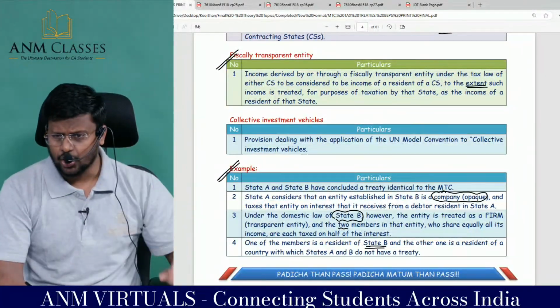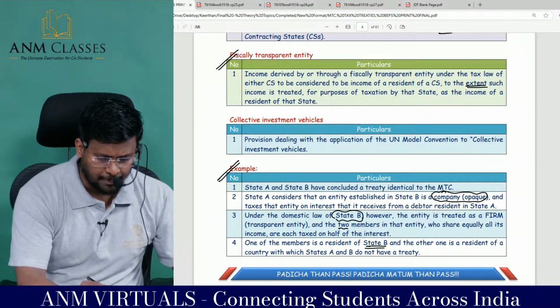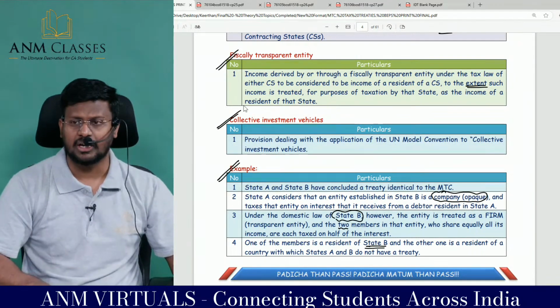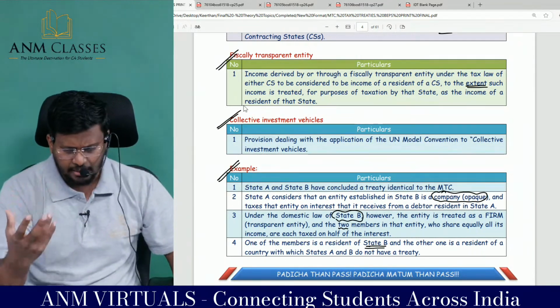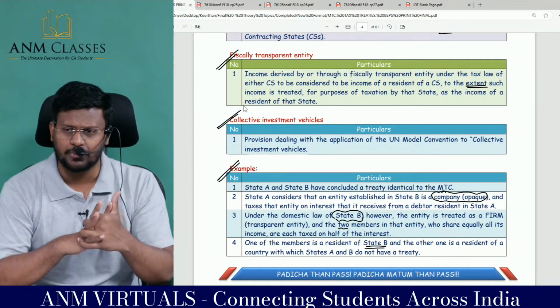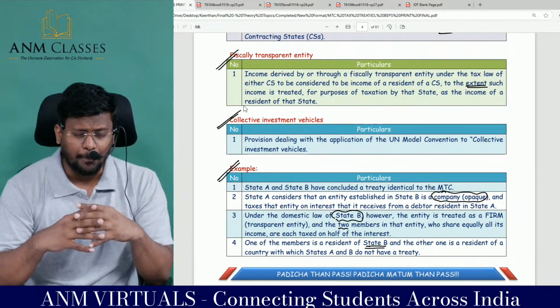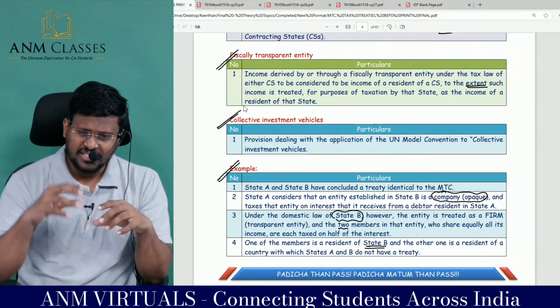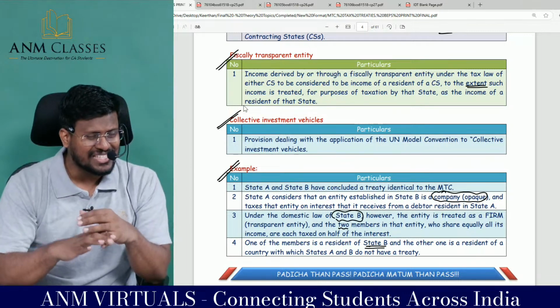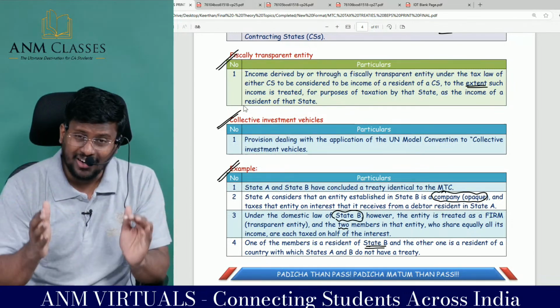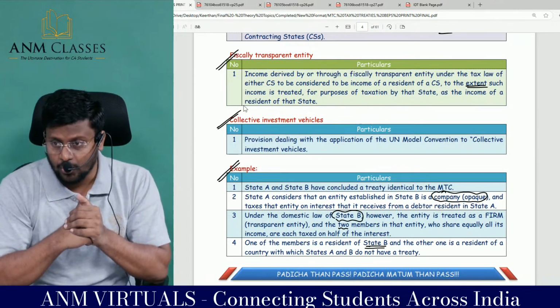And the third category of people to whom the DTA is applicable is the collective investment vehicle, like REITs and investment funds. We all studied that in order to apply the provisions of DTA, that person should be a resident of either contracting state or of both contracting states, right?